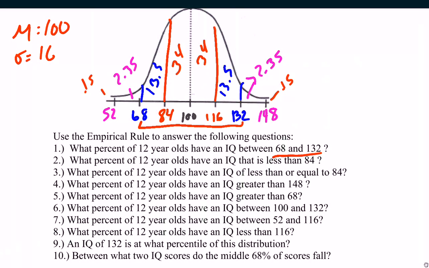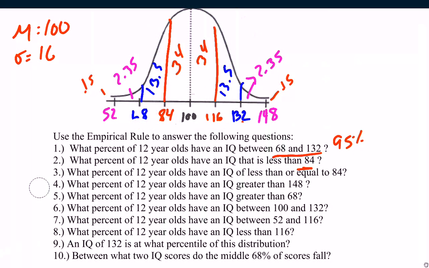So what percentage are going to be between 2 standard deviations? Well, that's just going to be 95%. I don't even need to do any math. That's just my straight up empirical rule. The next question says less than an 84. Okay, so less than 84.